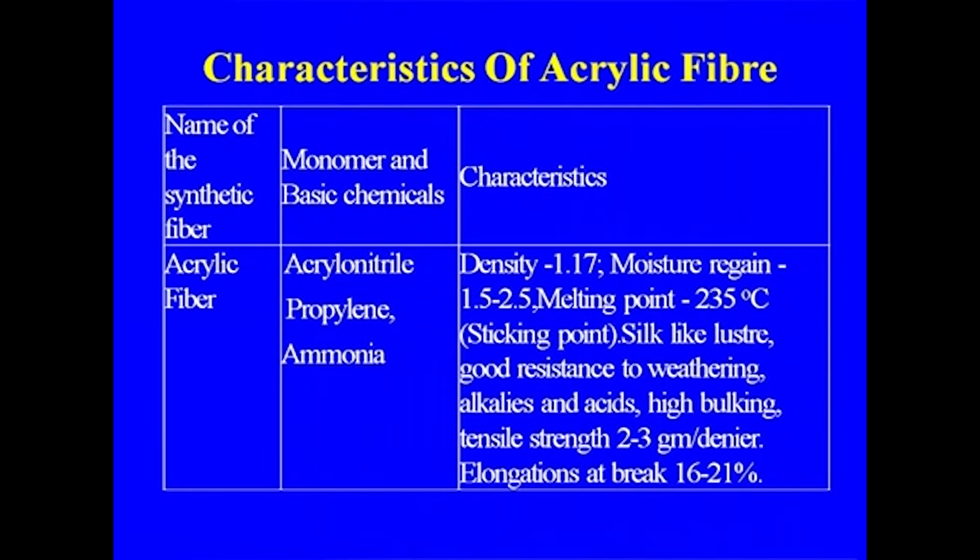The tensile strength is 2 to 3 gram per denier, elongation at break 16 to 21%, and its wool like appearance gives it use in the woolen industry, where we make a lot of woolen material. It may be hosiery, or blanket, or even carpet.